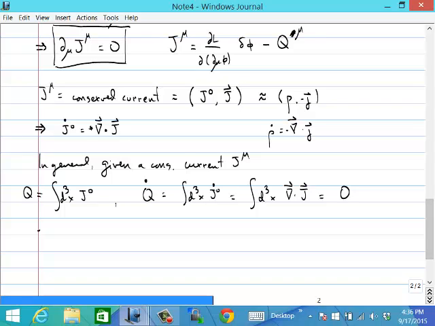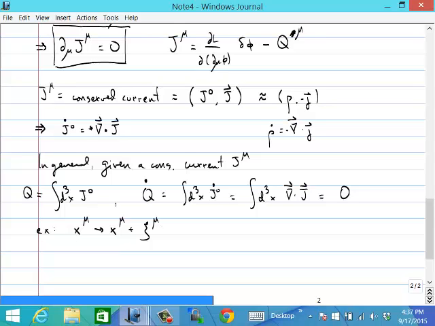So let's do an example. It's probably the most important example that we'll do. Let's imagine time translation invariance to compute the conserved energy of some classical field theory. In fact, we're all relativists here, so let's not do time translation and spatial translation separately.